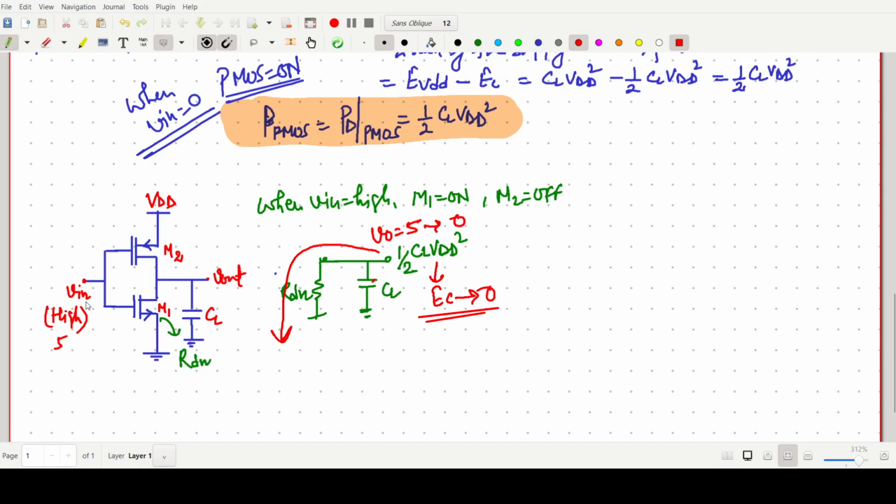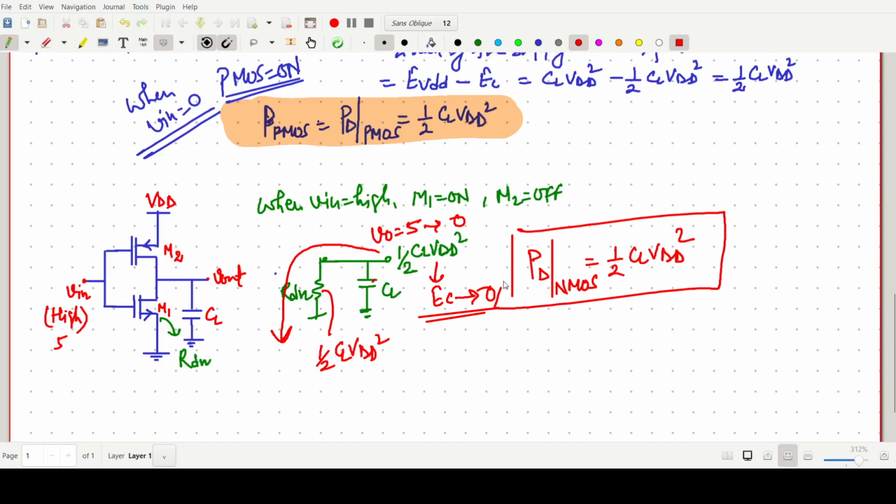So the total energy dissipated across the NMOS will be half CL VDD square when the input is high.